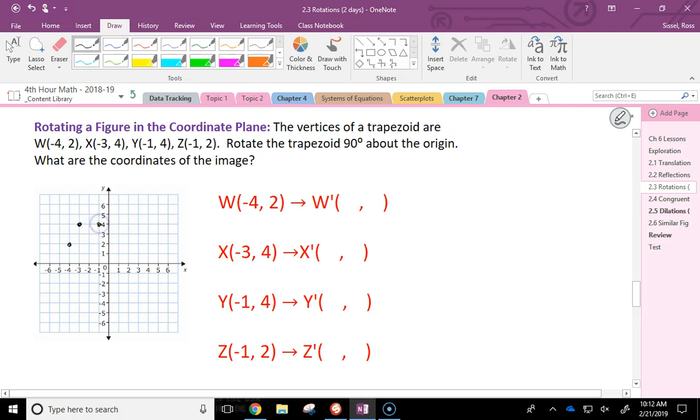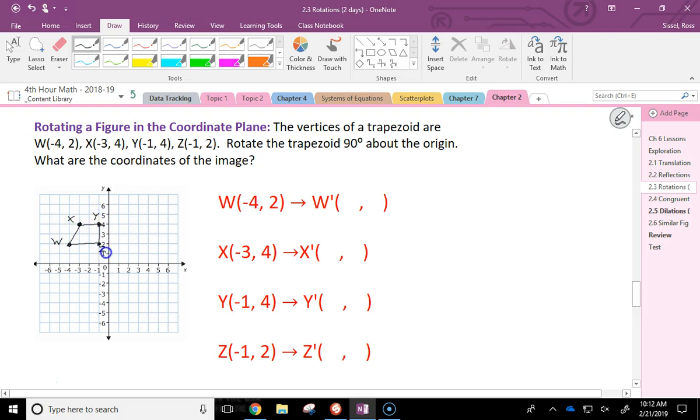I think this is your second example, am I correct? Yeah, this is your second example on 2.3 rotation examples. Make sure you go down to the next one and start doing this. -1, 2. Can we do this without rotation paper? I think we're going to be able to.